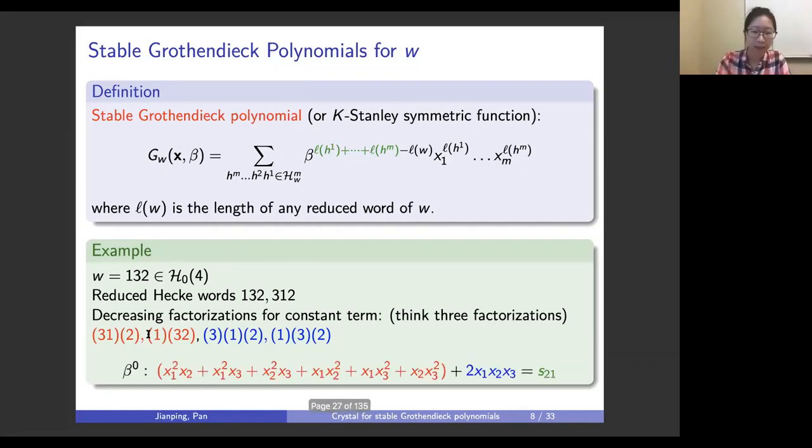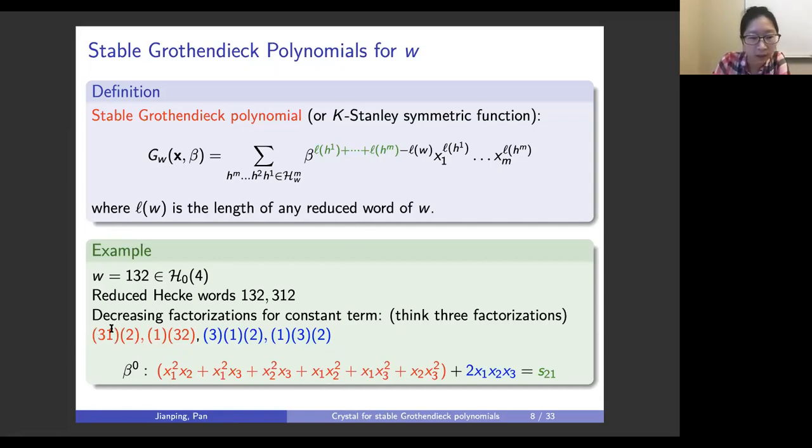And so the beta to the 0 constant term for this polynomial is given by, let me explain how we get that. When we put the empty factor on the leftmost, we get x1 x2 squared, which is this one.